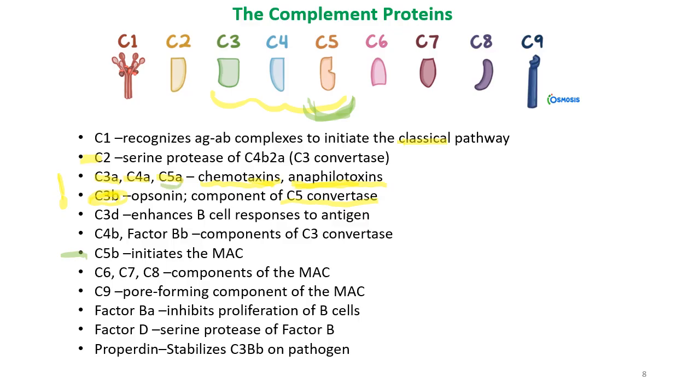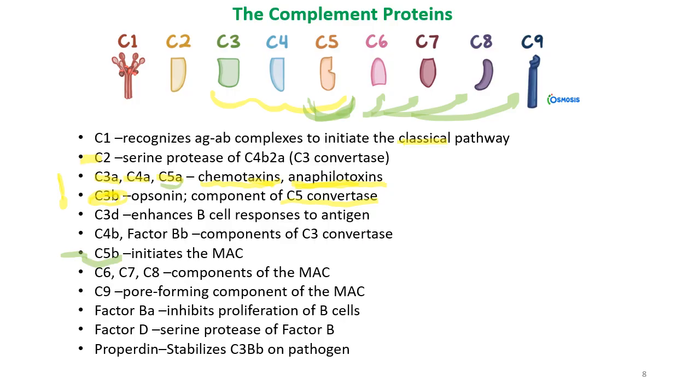And then the part that binds to the cell surface, C5b, is a very important part. It's going to put the membrane attack complex together. Okay, so C5b is going to attract the other guys, 6, 7, 8, and 9, to form the pore on the surface of the cell.